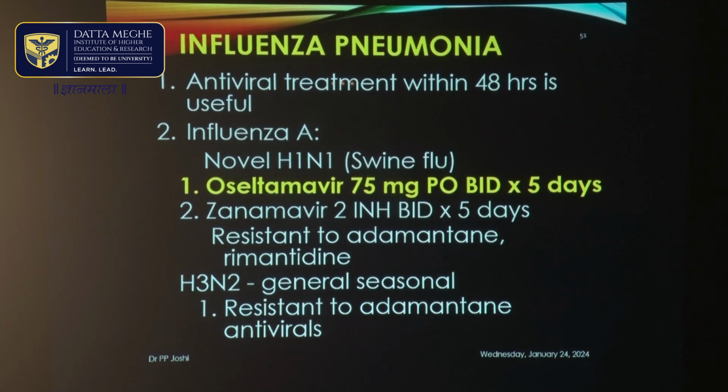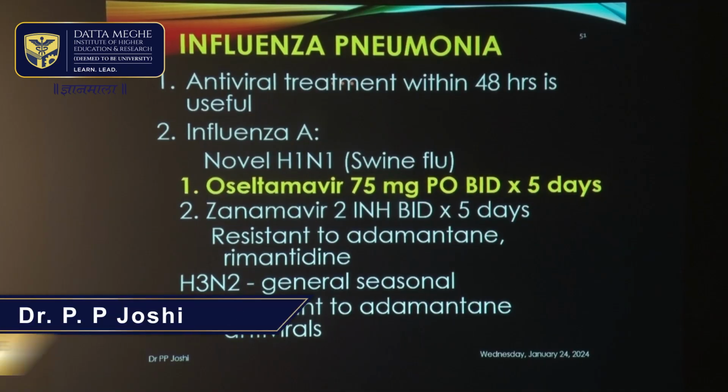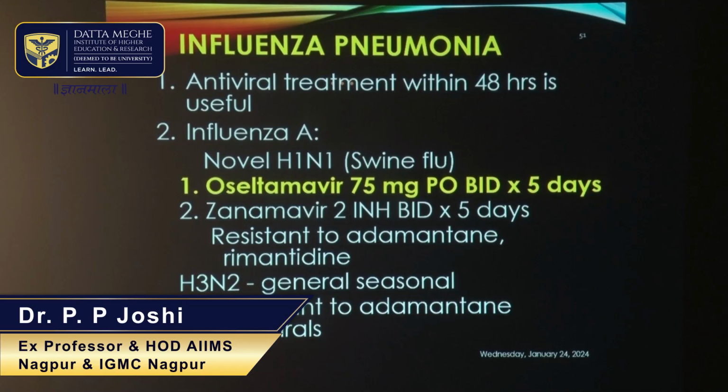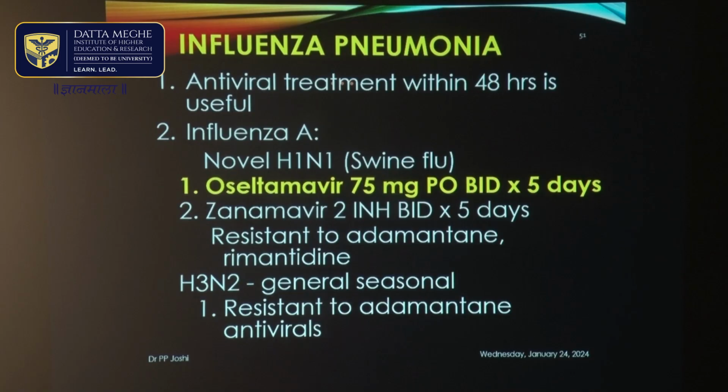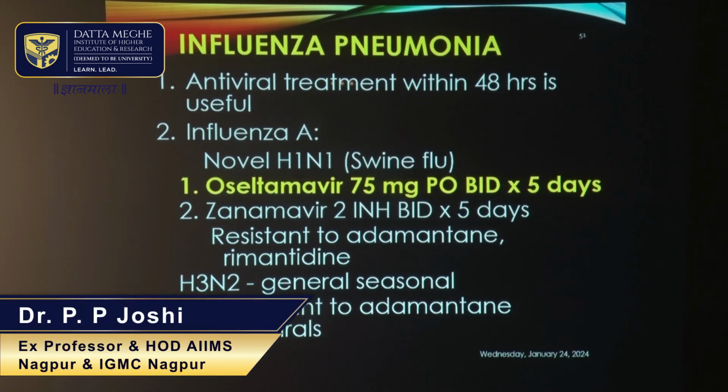In influenza, antiviral drugs like oseltamivir have to be started within 48 hours of the onset of symptoms, because if it is started late, it won't work. And for the novel H1N1, that is swine flu, the dose of oseltamivir is 75 milligrams twice a day for 5 days. In patients who are hospitalized and have pneumonia, which usually shows a bronchopneumonia type of picture, we may have to give a higher dose of 150 milligrams twice a day.